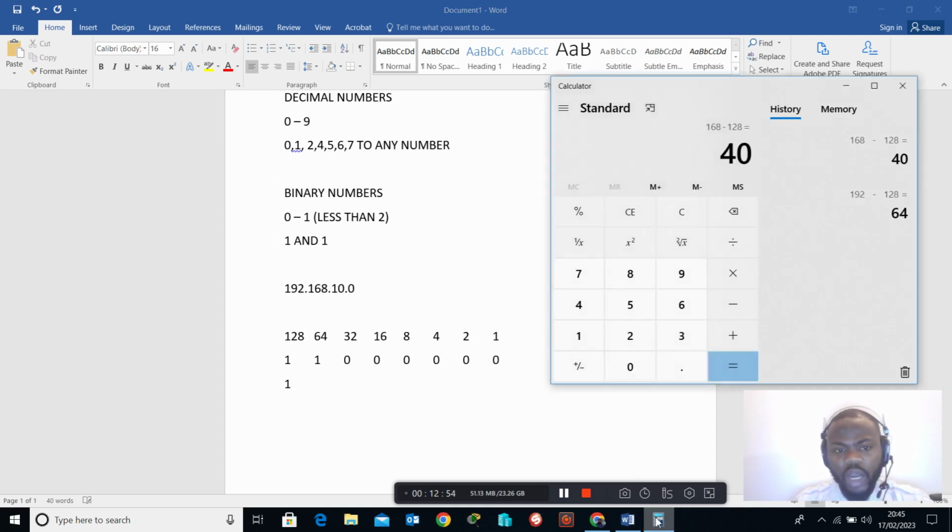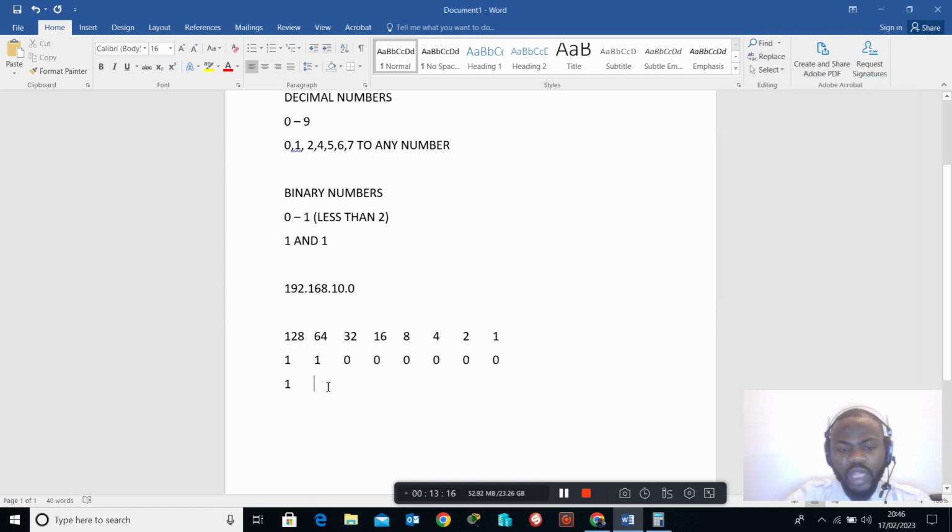So let's go back to our calculator. I'm left with 40. Now the question is, is 40 equal to or greater than 64? Obviously, 40 is less than 64 and it's not equal to 64. Since 64 is greater, that's going to be 0 because we can't take it. We want to make sure we can always remove, so we can't.